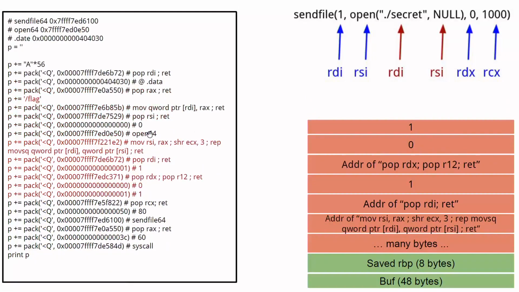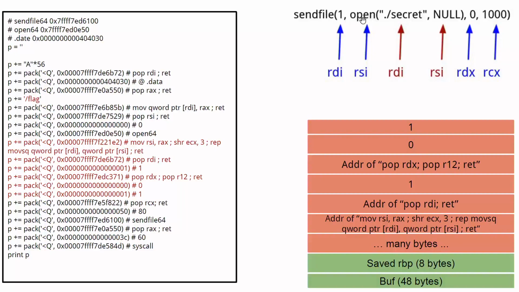The second part of the exploit, what we do is we're going to set the return value of open, which is in RAX, to RSI. But we actually already know that value will always be 3, right? Because when this program runs, it will have stdin, stdout, stderr taking file descriptors 0, 1, and 2.